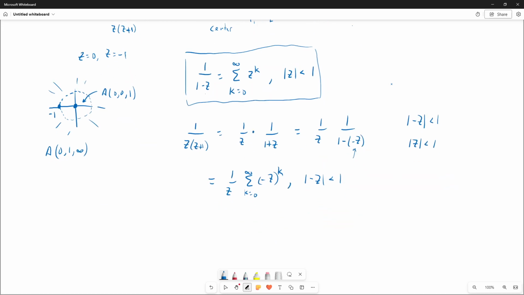This is equal to 1/z times the summation from k = 0 to infinity of (-1)^k z^k. And we could write this as the summation from k = 0 to infinity of (-1)^k z^(k-1), bringing the z in, for the modulus of z less than 1.